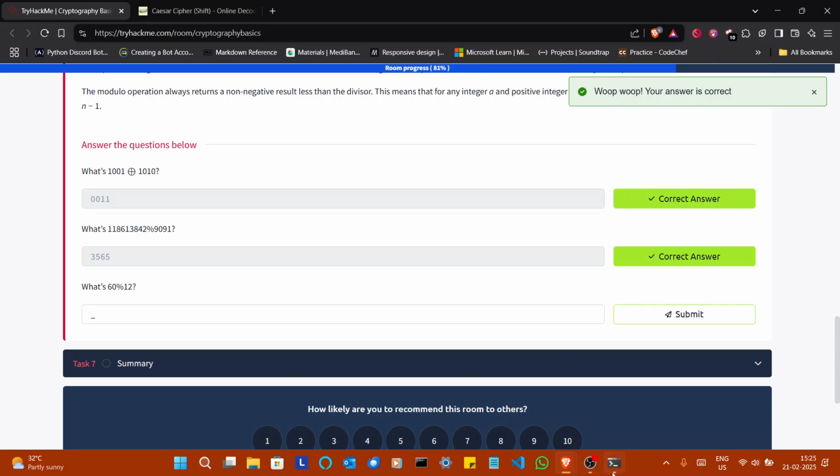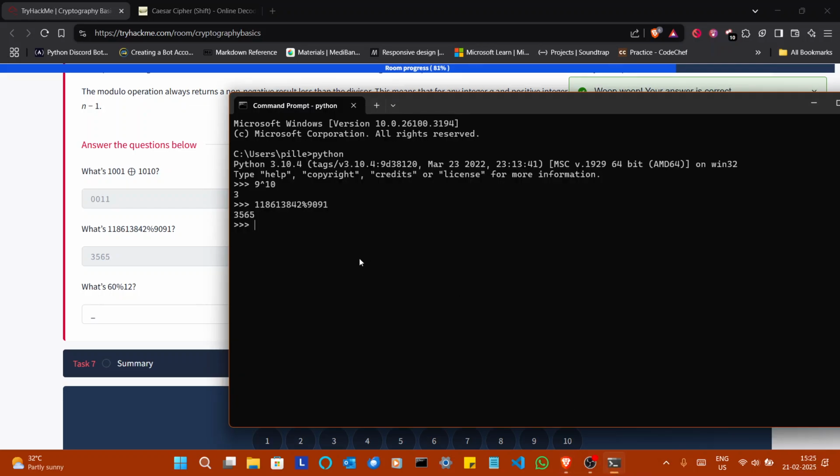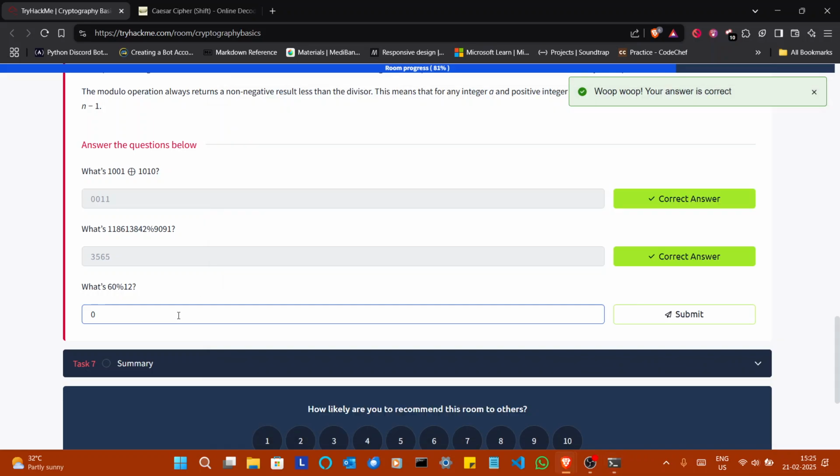Now let's move to the next question. We can directly see here 60 mod 12. 12 times 5 is 60. That means the remainder will be 0. Let's test that. Yeah, so the answer is 0.